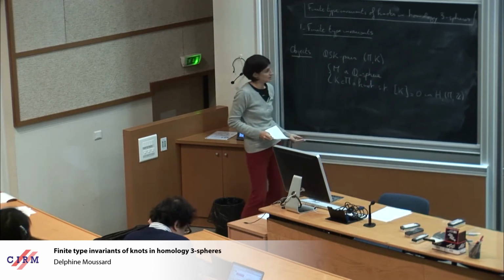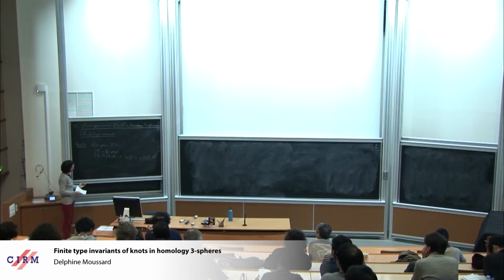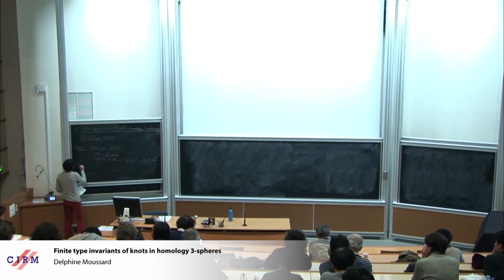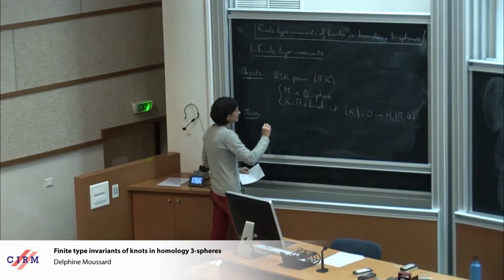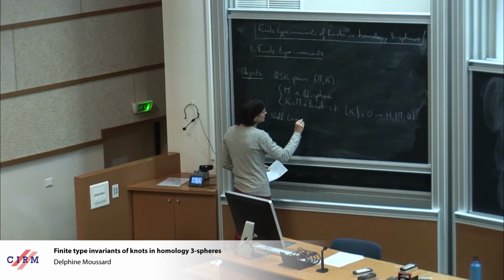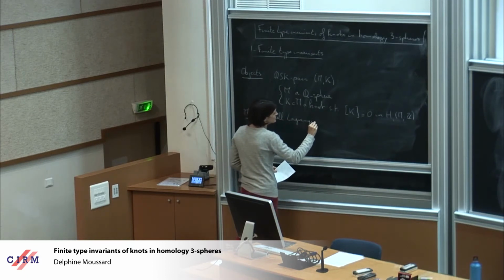Okay, so these are our objects, and we will study finite type invariants of these objects with respect to some moves that are called null Lagrangian preserving surgeries.